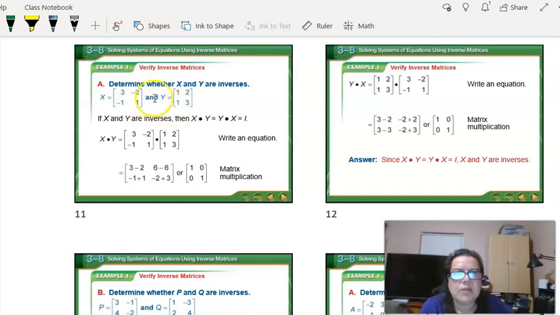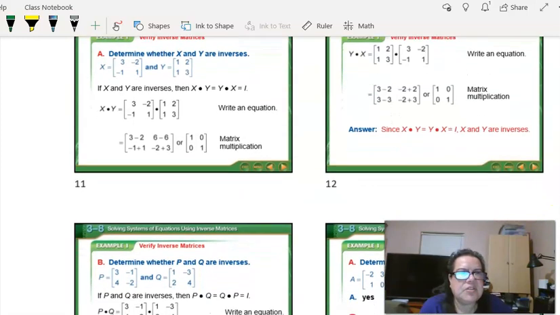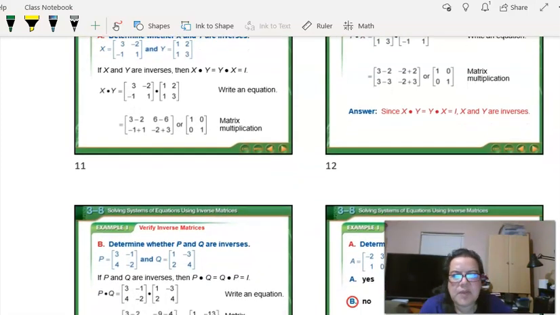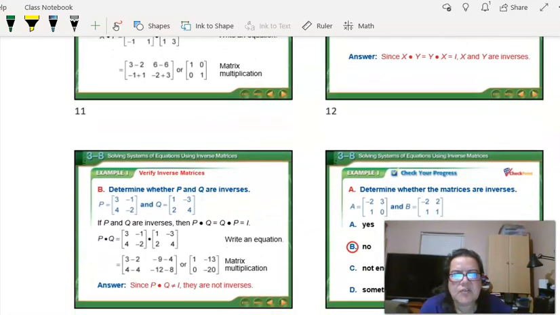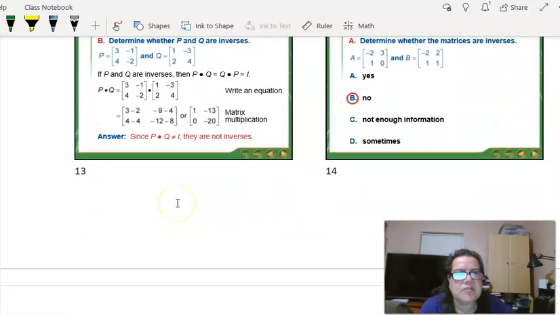Well, remember, if we multiply them together, x times y and y times x, and they give you back the identity matrix, then you're good to go. Then they are inverses of each other. So here they show you the steps in solving that.